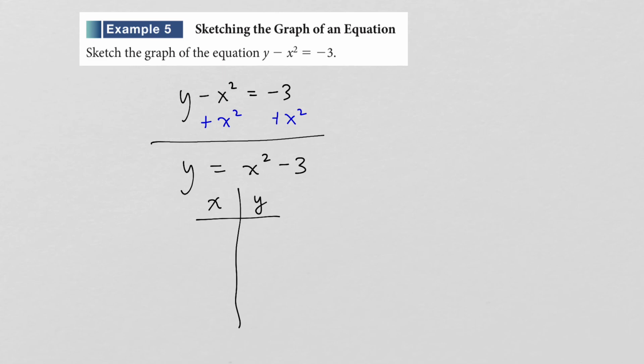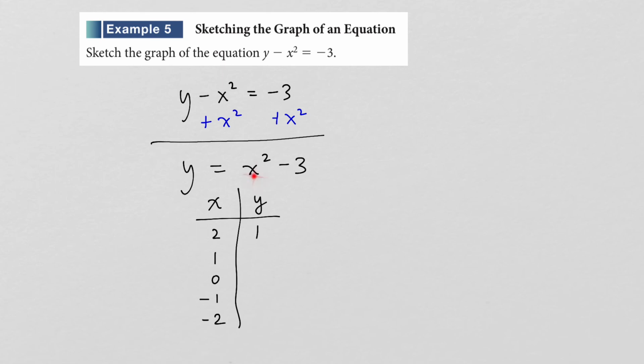Now if I want to get a graph of this, all I need to do is get some points. So I can randomly select some x values, and then find the corresponding y values. Sometimes these x values work pretty well. In this case, they do actually work pretty well. Then you plug those into your equation. So if x is 2, 2 squared is 4, and 4 take away 3 is 1.